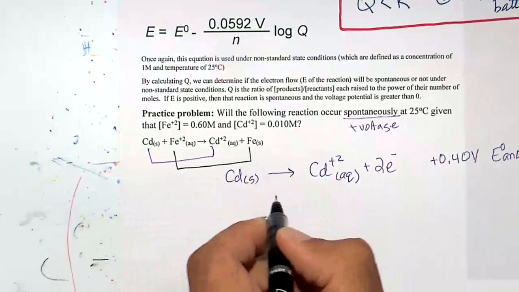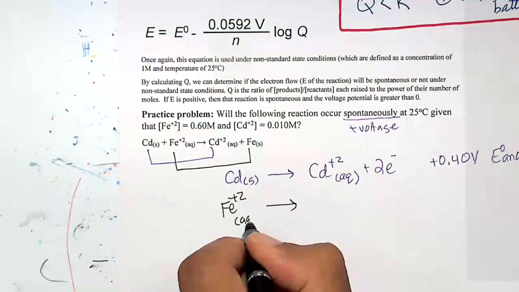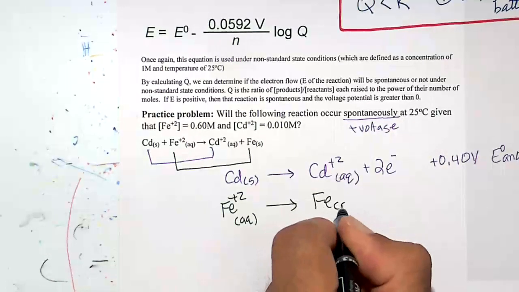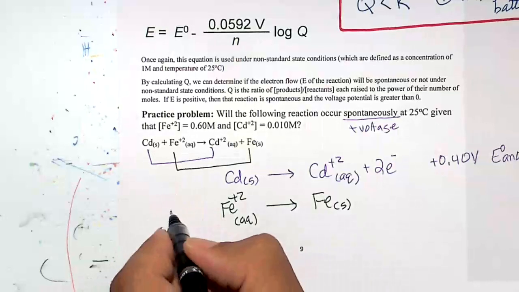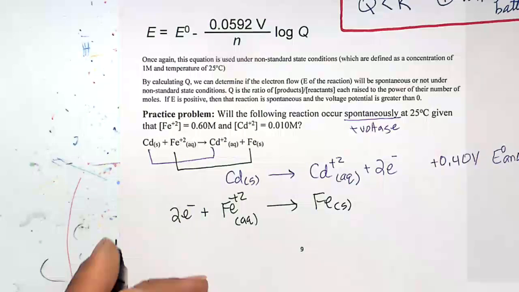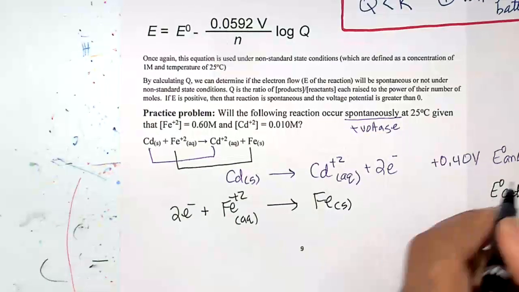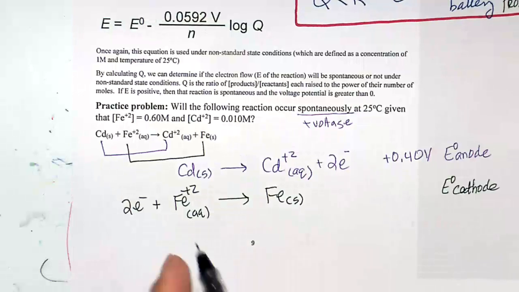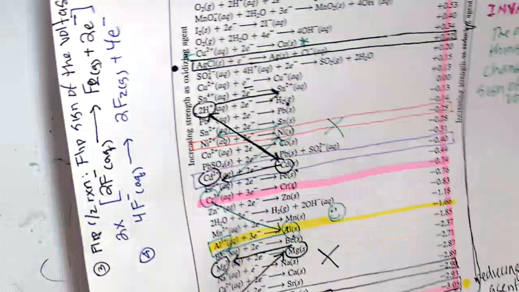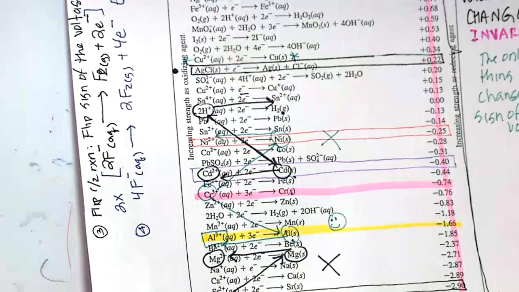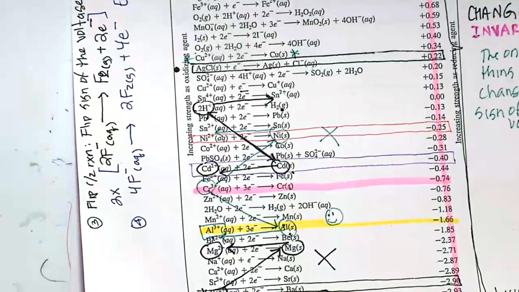Fe plus 2 goes to Fe solid. How many electrons and where? This is the cathode. It's gaining 2 electrons. And what's the voltage for this? Anybody see it here?